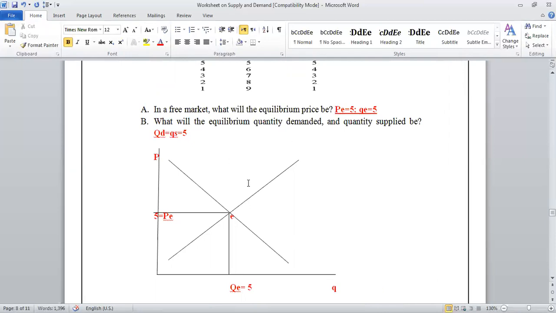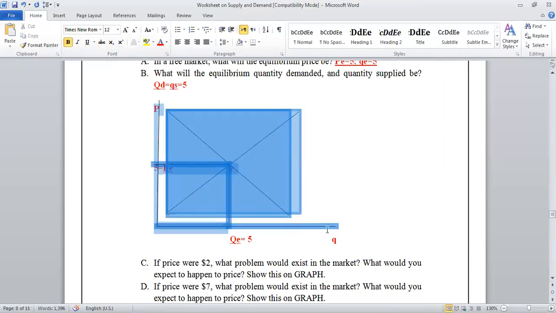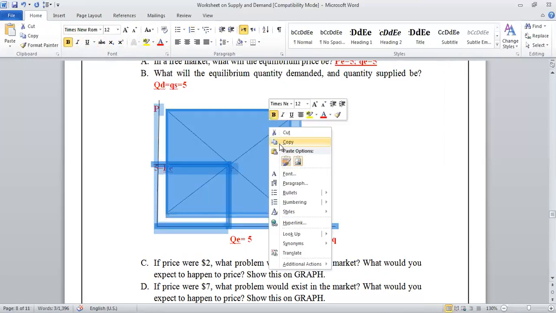All right. Now, question C is asking me what, when the price is 2, what problem would exist? Now, when your price is 2, are you above or below equilibrium?